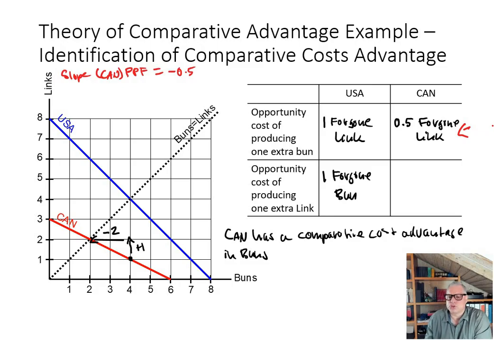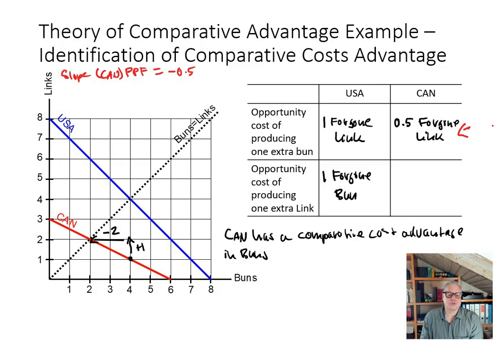So in other words, the slope tells us the marginal opportunity cost of foregone things on the y-axis if you want to produce 1 extra thing, which is being displayed on the x-axis. So because we have displayed buns on the x-axis, the slope of -0.5 tells us if we want to produce 1 extra bun, we have to give up half a link.